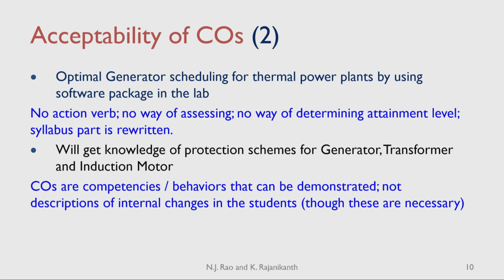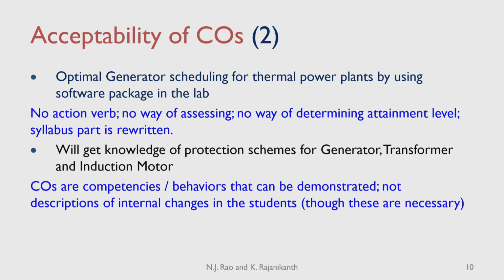An outcome statement is a competency or behavior that can be demonstrated, not descriptions of internal changes in the students, though these are necessary. The student will get knowledge of protection schemes, but that does not indicate clearly what the student is expected to do.